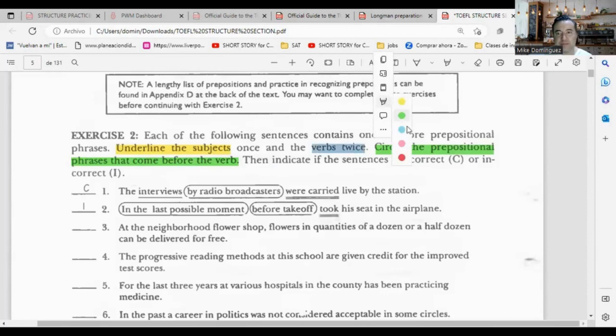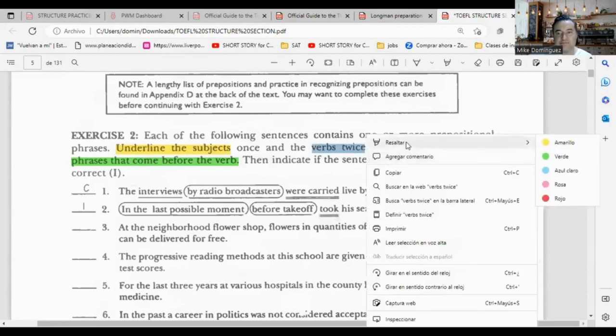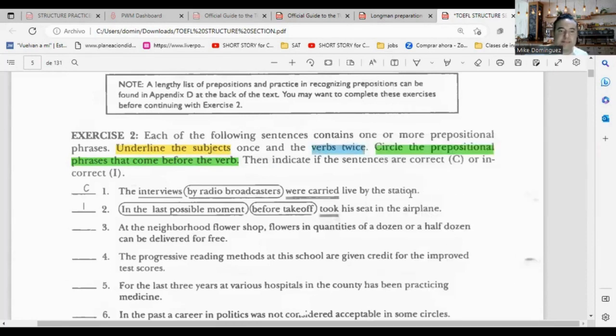I use yellow for subjects, blue for verbs, and green for prepositional phrases that come before the verb. And there you have the example.